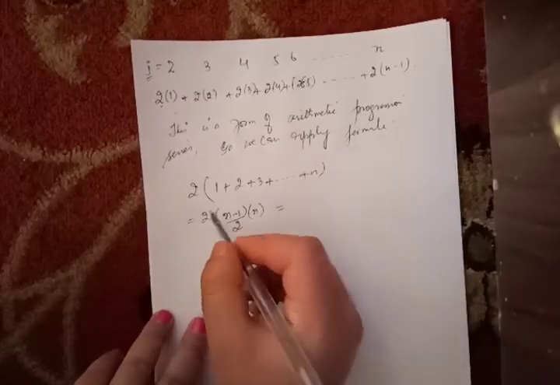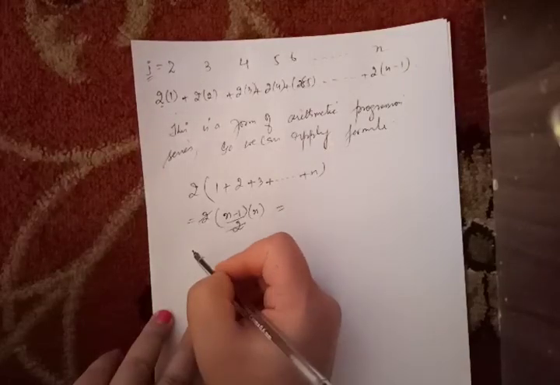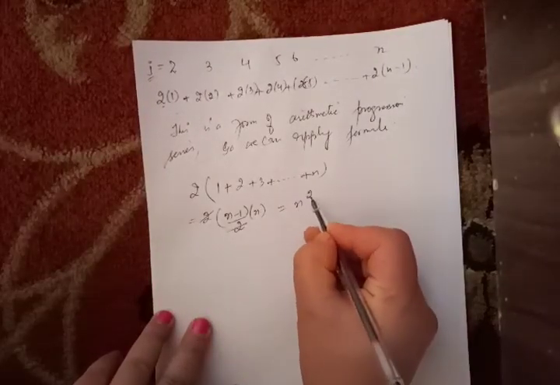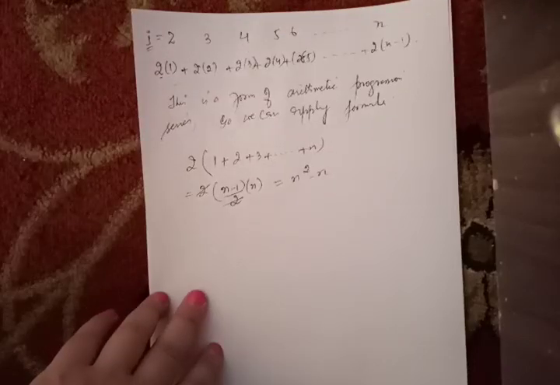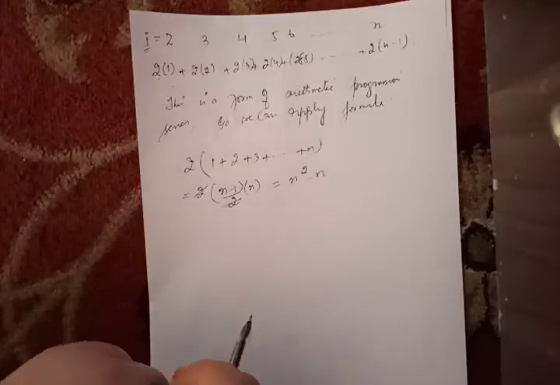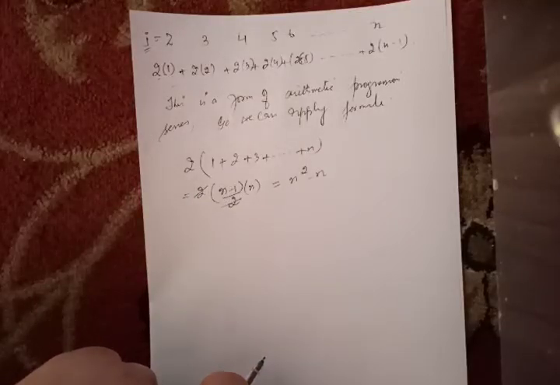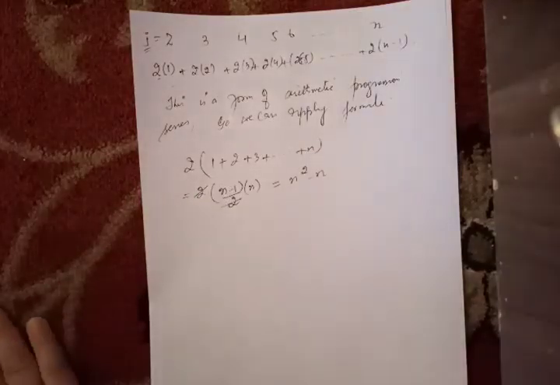The 2 and this 2 will cancel. This is n square minus n. So these are the total number of operations required in order to sort any given list when we talk about insertion sort.